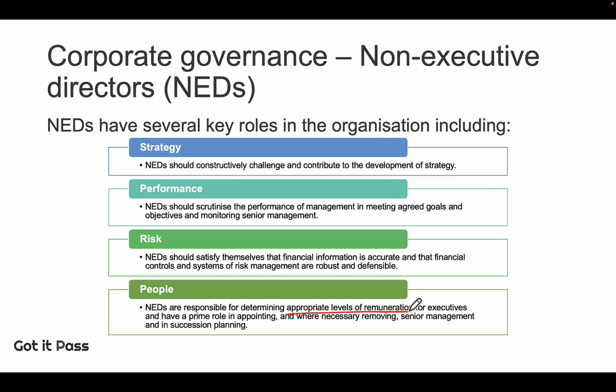So non-executive directors are very crucial in the people structure as well, because they determine the remuneration should be fair, should be enough for those executives working for the company, and they also have a responsibility to appoint or remove any senior management team members.